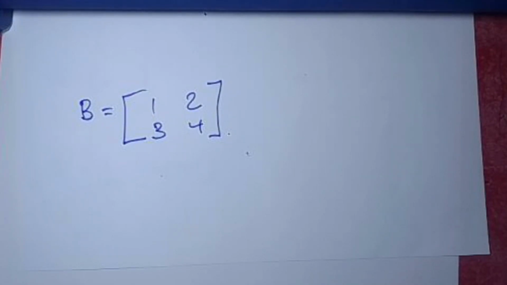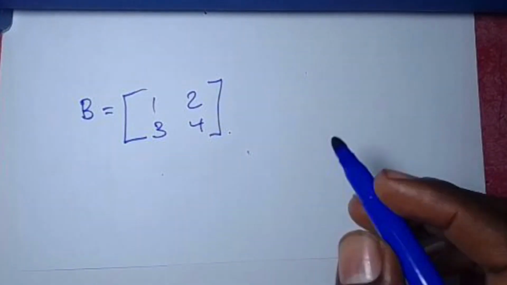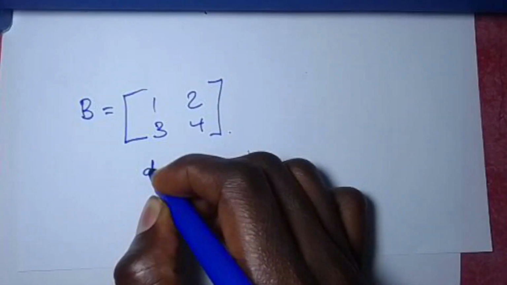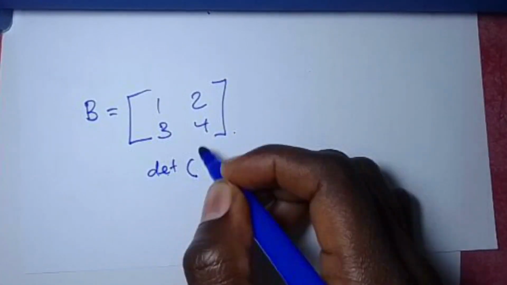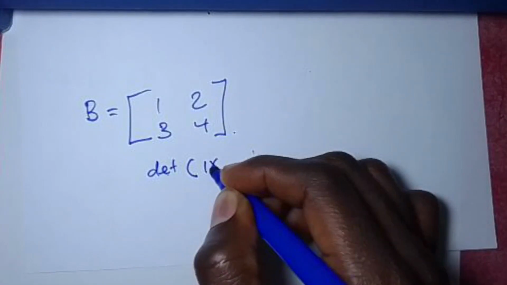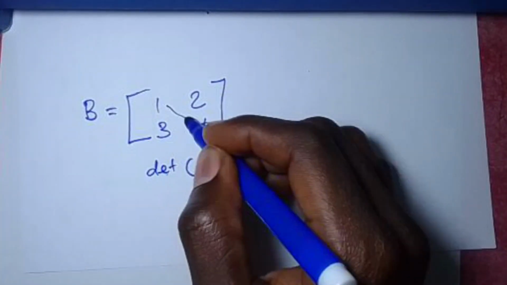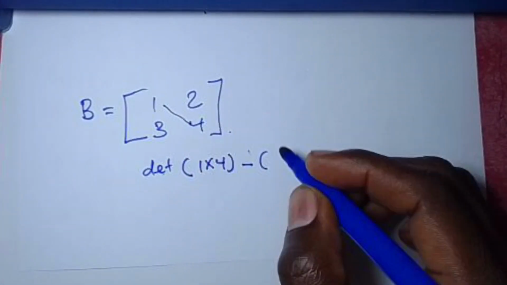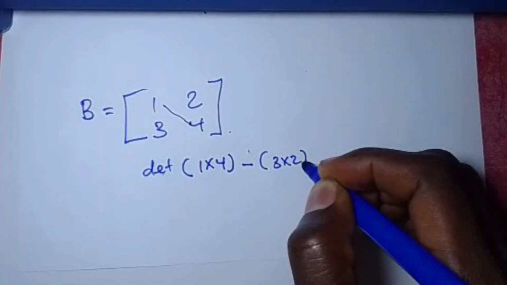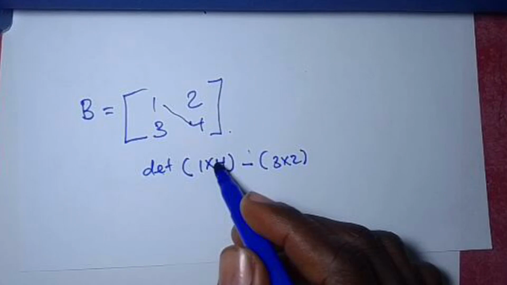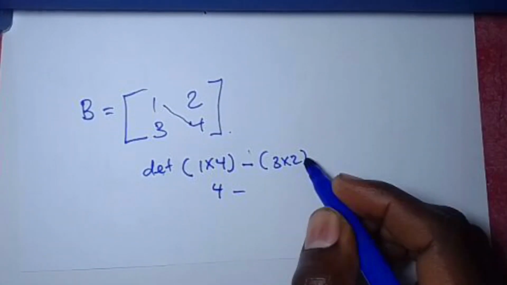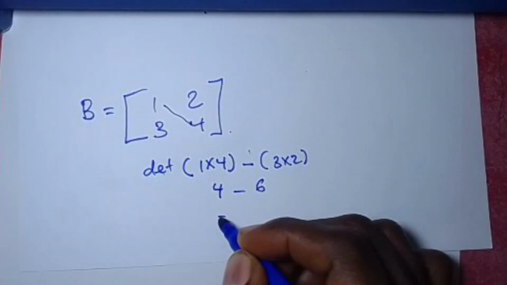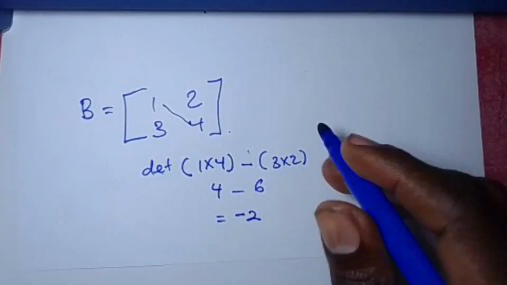So to get the inverse matrix for this, we shall first get the determinant. The determinant is going to be equal to 1 times 4, which is the major diagonal of this, minus 3 times 2. So calculating this gives me 4 minus 6, so it's giving me negative 2.